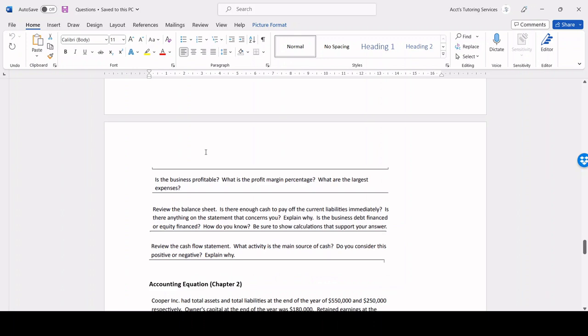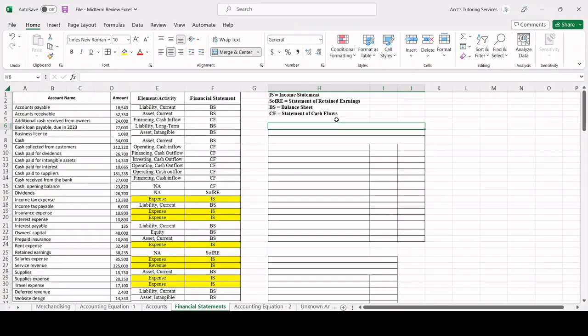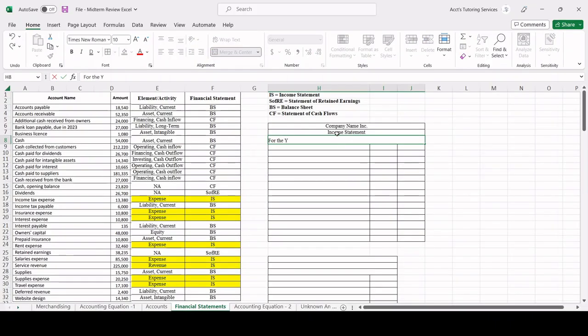That's fine. We'll make that up. Company name Inc. This is going to be the income statement, and the date is simply going to be for the year ended December 31st, 2021.